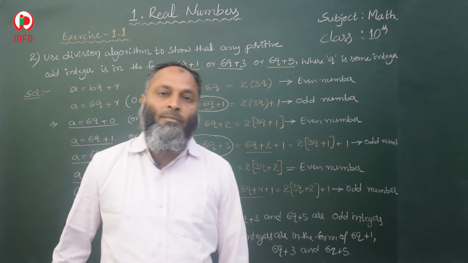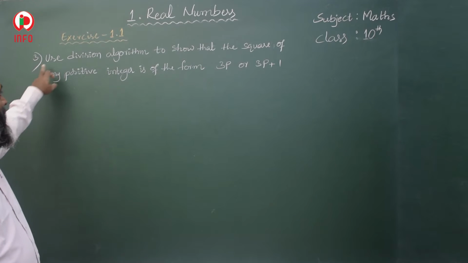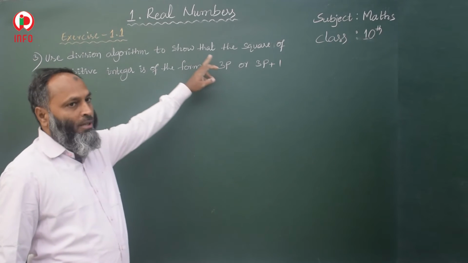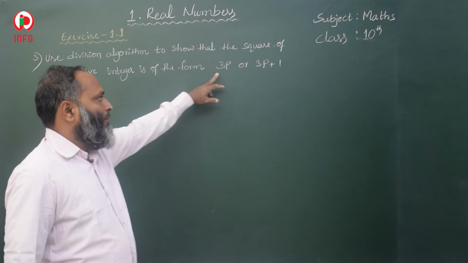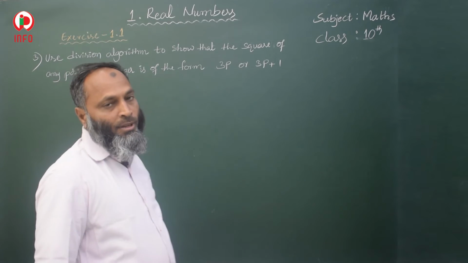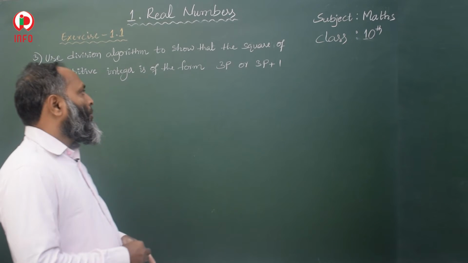Okay, students. Now the next question, see here. Use division algorithm to show that the square of any positive integer is of the form 3p or 3p plus 1. In that form we have to prove.